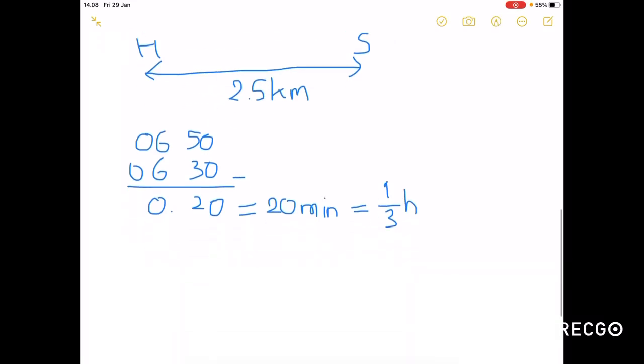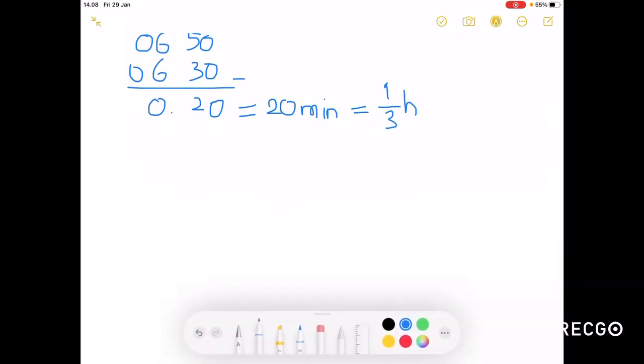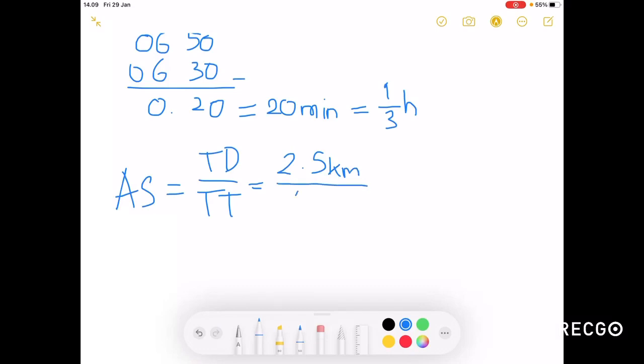And now we're ready to count our average speed. So remember our average speed formula. I'll just rewrite this right here. So total distance will be 2.5 kilometers, and our total time will be 1/3 hour. And again, like our last step before, we just write this as a division of fractions.